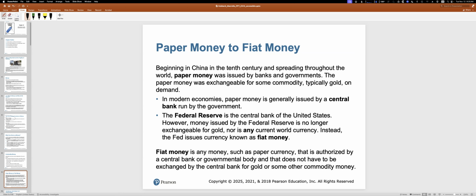And the United States has had a history of having central banks. We had a first Bank of the U.S., pushed by Alexander Hamilton.